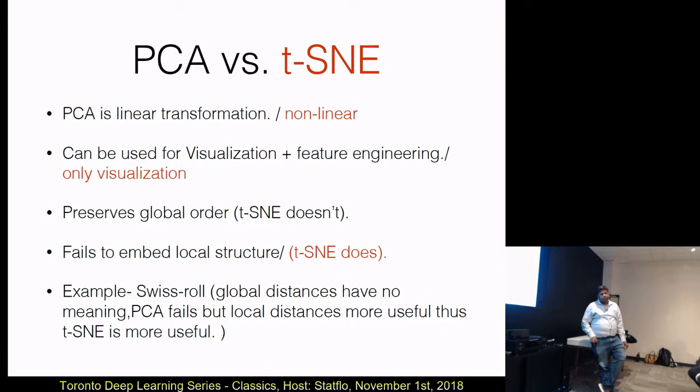It's the probability of finding the point x_j in the neighborhood of x_i, as opposed to the straight Euclidean distance. So that's why it's a non-linear approach. That's how the non-linearity is introduced into the algorithm.